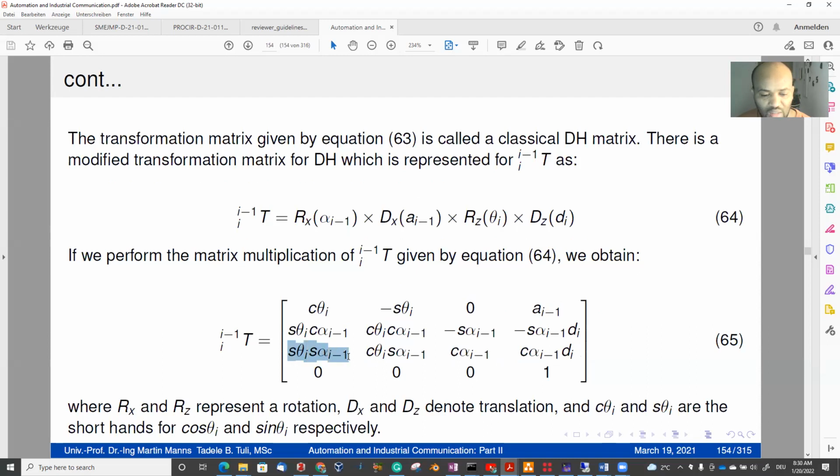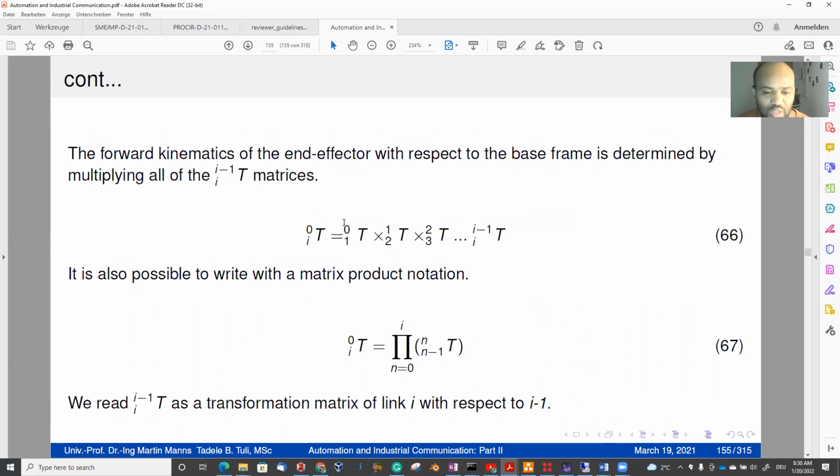It is sine theta times sine alpha with previous offset: the sine of the current joint angle times the previous alpha. So it is different, but what I could assure you is finally the overall is the same, that I'm sure, but the individual may be different.